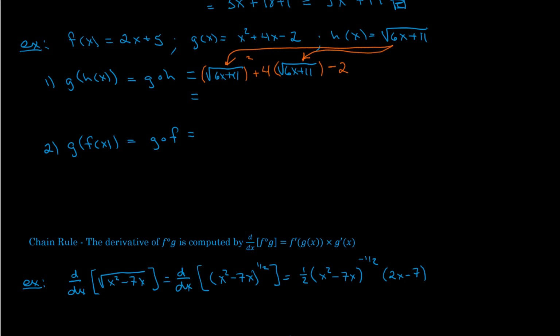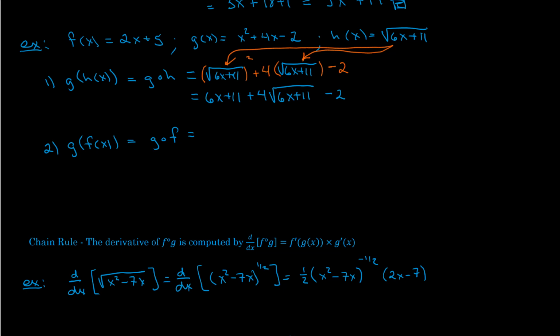If I square a square root, that gives us 6x plus 11. The second term is just 4 times the square root. That will not simplify, so I'm left with 4 times the square root of 6x plus 11, and there's a minus 2.